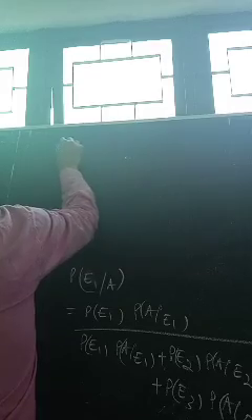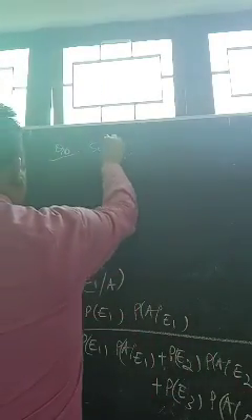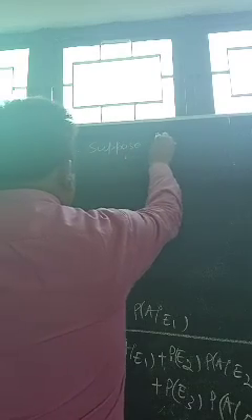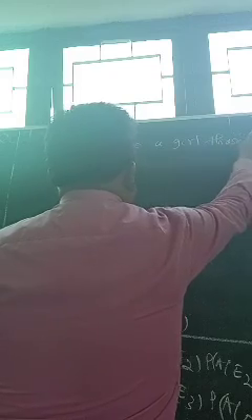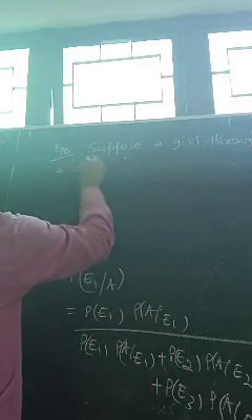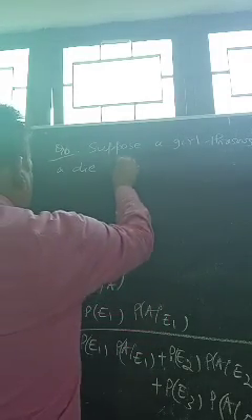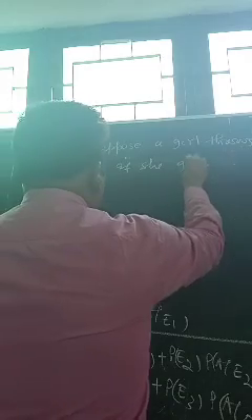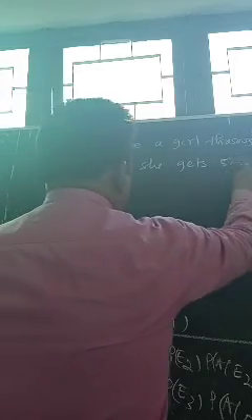Question number 10. Suppose a girl throws a die. If she gets 5, 6. 5, 6 means 5 or 6.